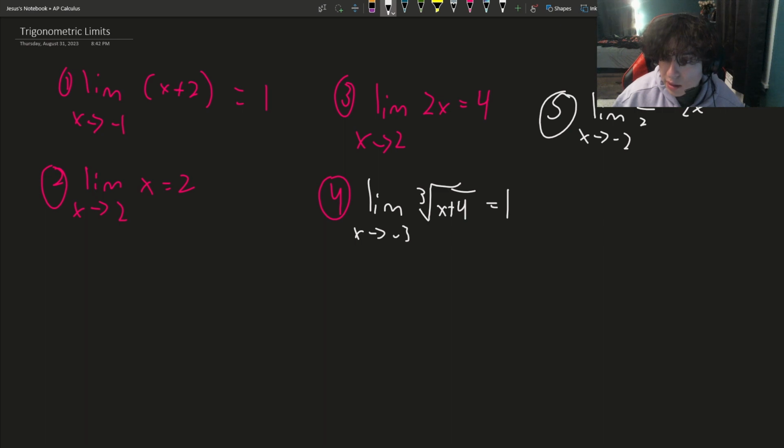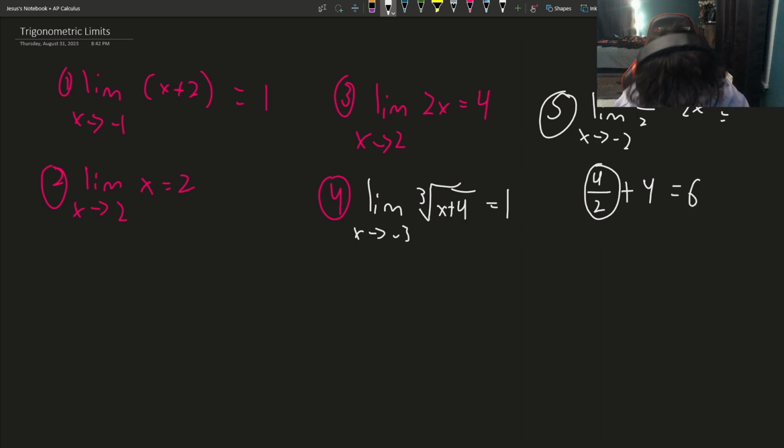So you just plug in -2 to x squared and you get 4 over 2. I'm going to write equals, but I'm going to write it down here, which is 4 over 2 plus, because -2 times -2 is 4. This is basically 2. So 2 plus 4 is equal to 6. Let me see if I got that right. Number 5, yeah, 6. Alright.